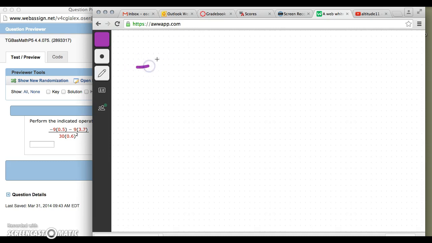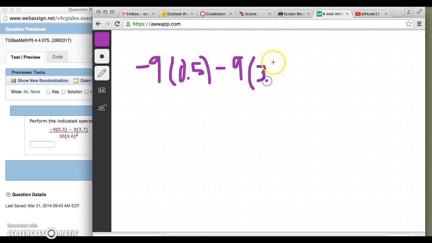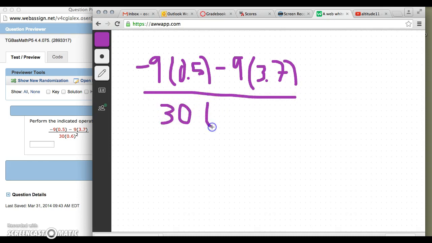So our problem here is -9 times 0.5 minus 9 times 3.7, all divided by 30 times 0.6 squared.